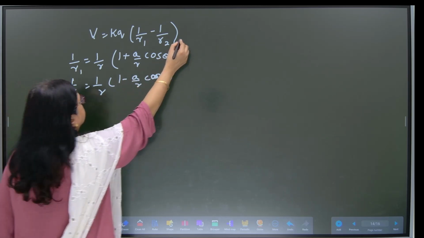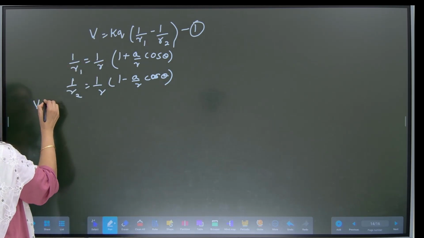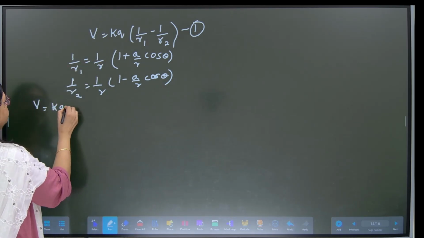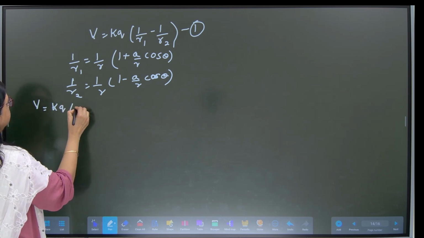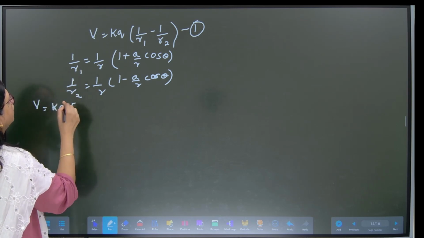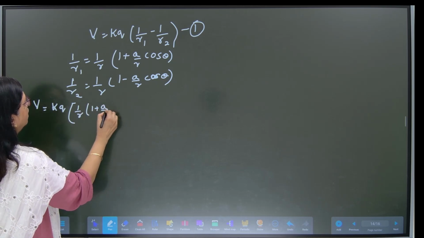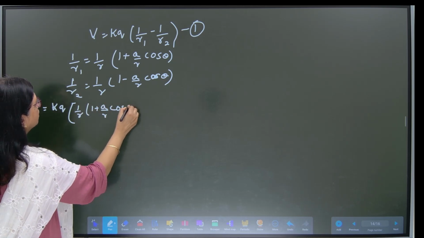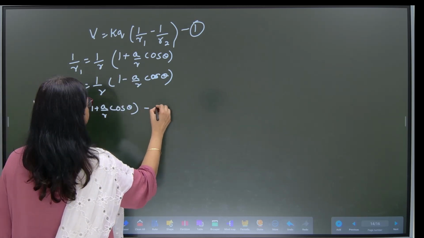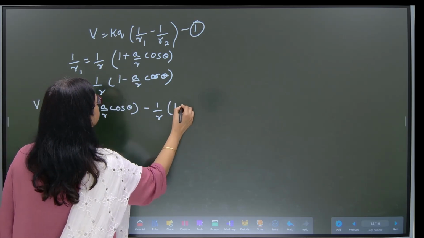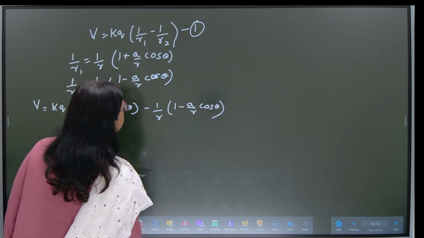Now I substitute both these values in equation 1. I get for 1 upon R1, 1 upon R, 1 plus a upon R cos theta, minus, for 1 upon R2 now, 1 upon R, 1 minus a upon R cos theta.